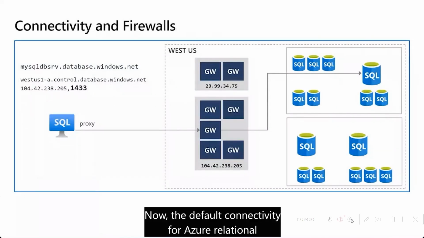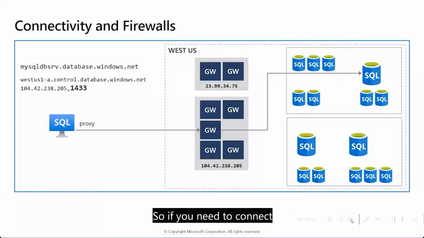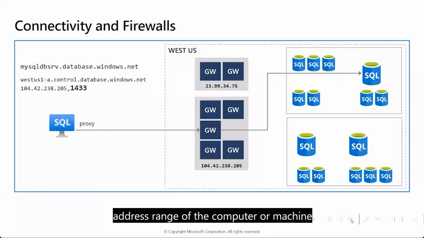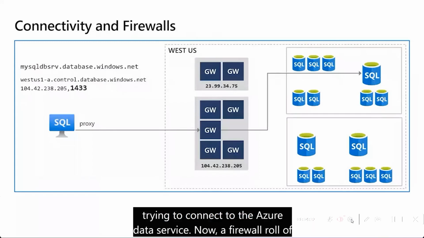Now, the default connectivity for Azure Relational Data Services is actually disabled across the world. So if you need to connect to the service from an on-premises computer or machine, in the firewall section, you need to add the IP address range of the computer or machine trying to connect to the Azure Data Service.